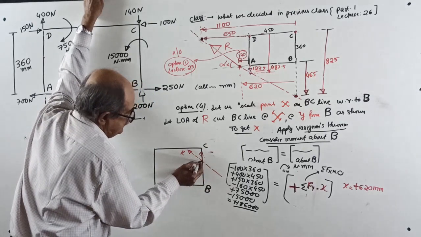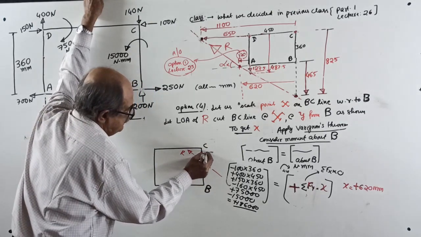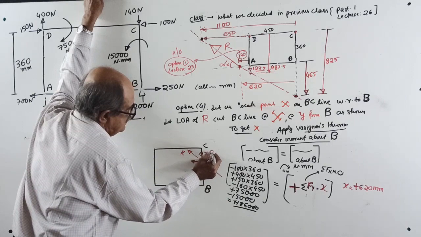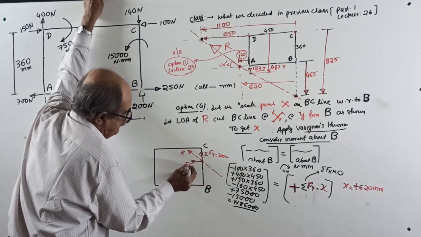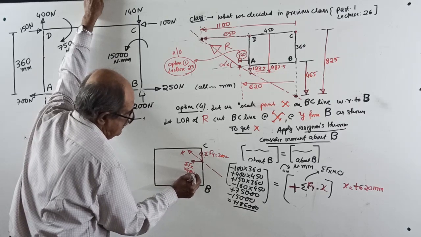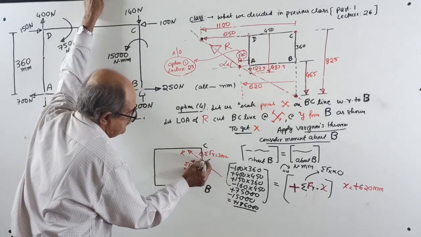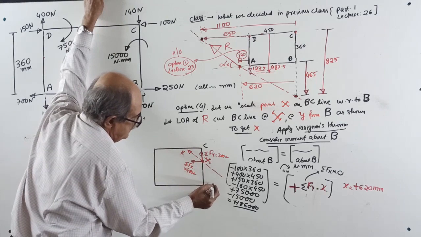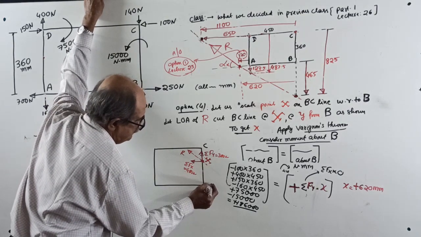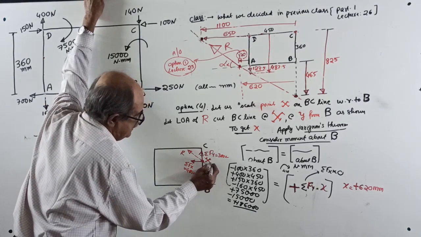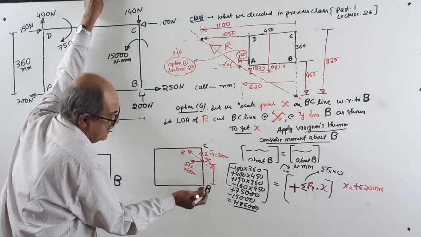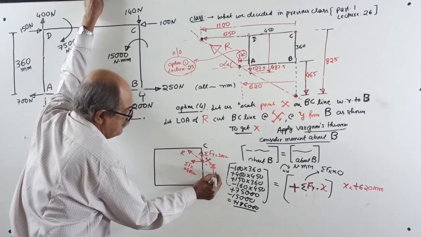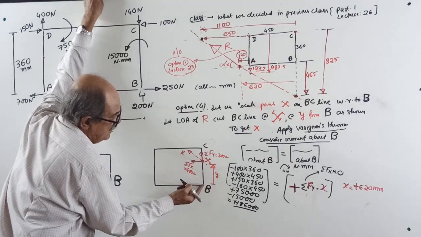Replace by components: sigma Fy equal to 300 Newton, sigma Fx equal to 400 Newton. Now you are taking from B, this point is vertically above. We are assuming the point x is vertically above B. Very important.